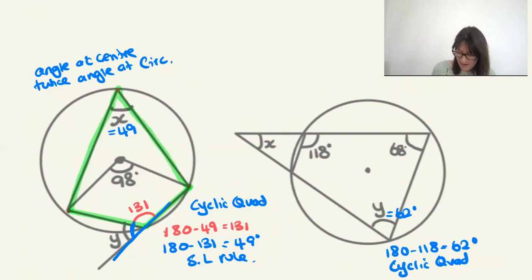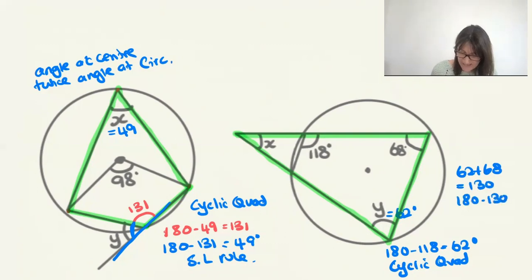So I have a triangle here. I know that that is 62. I know that is 68. So I've got 62 plus 68, which is 130, and 180 take away 130 gets me my x equals 50.